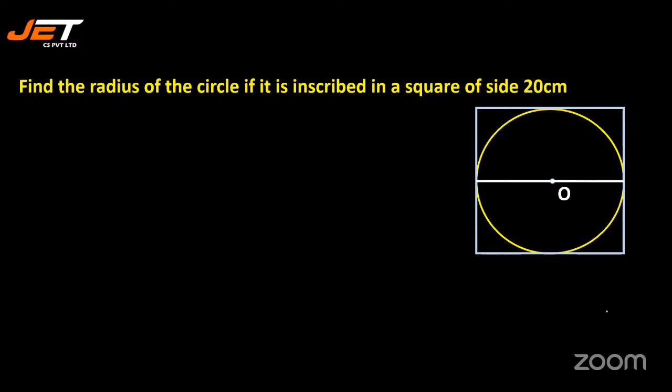So side of the square is equal to 20 centimeter, right? So you have one side is 20, another side is 20. So now we are supposed to find out the radius, isn't it?